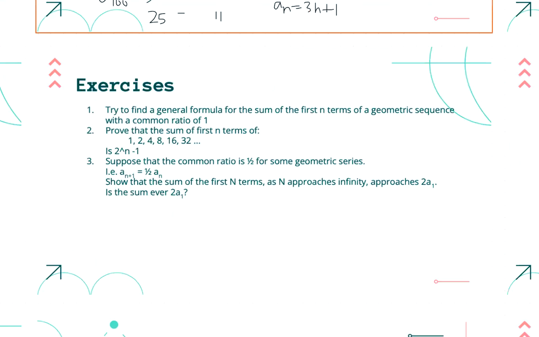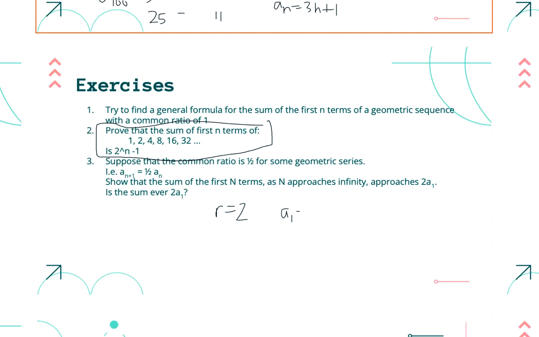Okay, so yeah, quick exercise. Let's prove that the sum of the first n terms of 1, 2, 4, 8, 16, 32 is 2 to the power of n minus 1. So how can we approach this? Well, we know that this is a geometric sequence with the common ratio r equals 2, right? And we also know that the first term of our sequence equals 1.